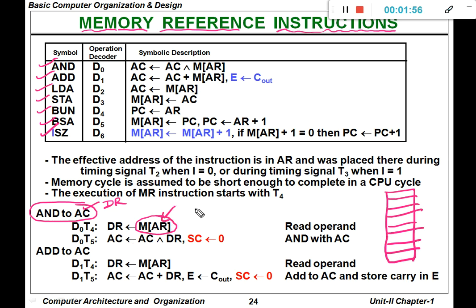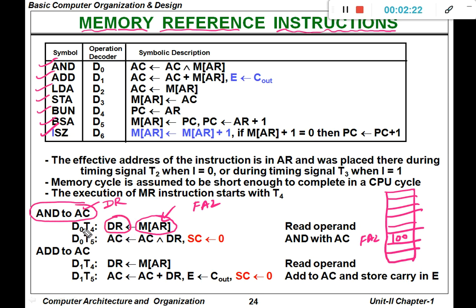For example, assume AR is FA2. Then if this is the address location FA2, I am going to fetch the data from FA2. If FA2 contains the value 100, then I am going to fetch that particular value and store in DR.